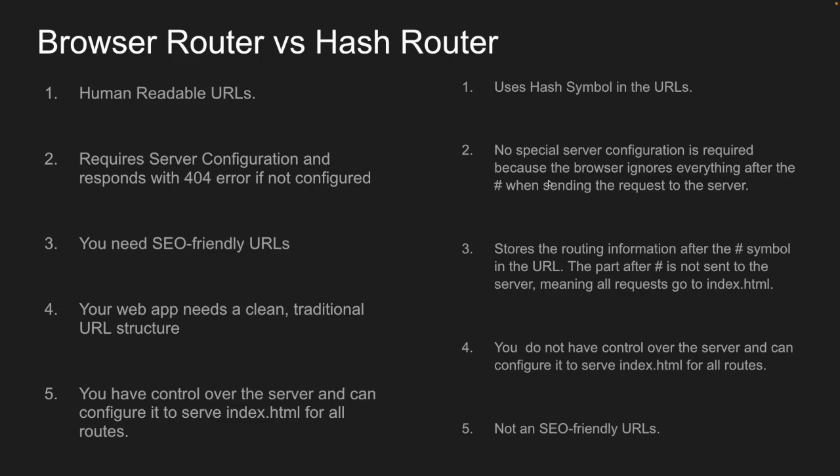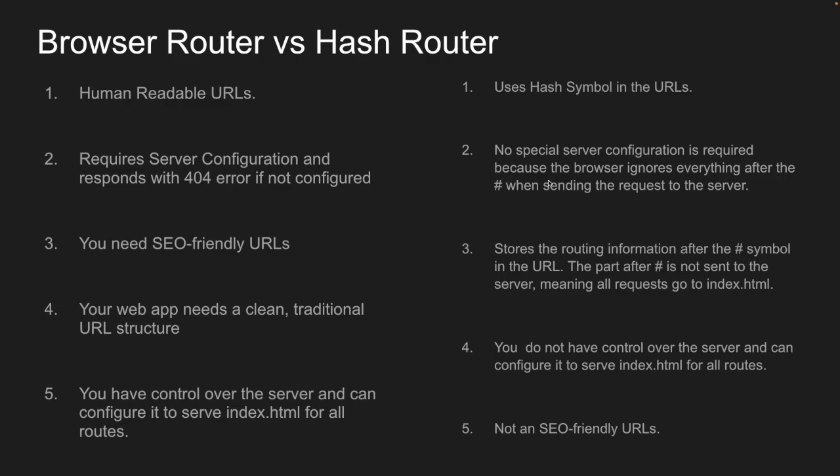Also you have full control over the server by using browser router, whereas that will not be available for hash router. That's why it is always preferred to go with a browser router, but it is very important to understand hash routers as well, and how we can create our application with a hash router.